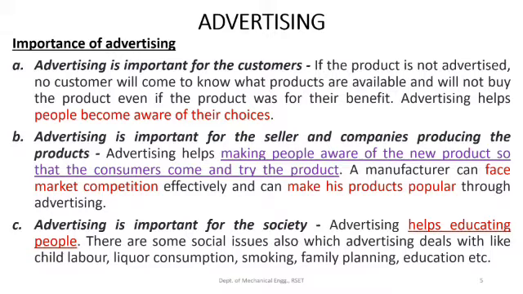So educating people can also be done through advertising. So it is also important to society. So the importance of advertising is threefold. It is important to the consumers at the primary level. It is of importance to the seller and the company that produces the product at the secondary level. And it is also important to educate the people in the society about certain relevant social issues. So at the third level, it is important to society as well.